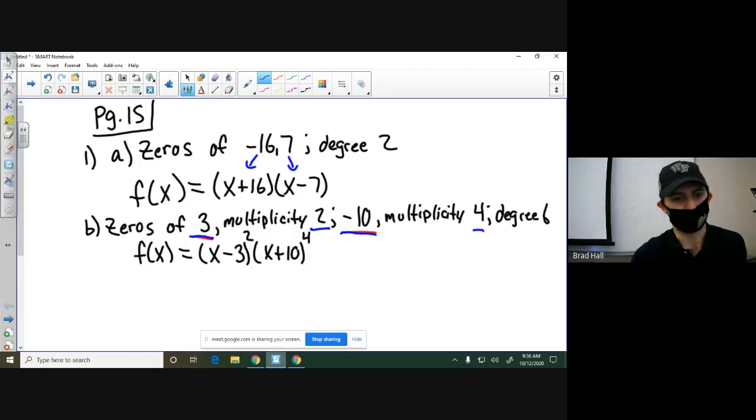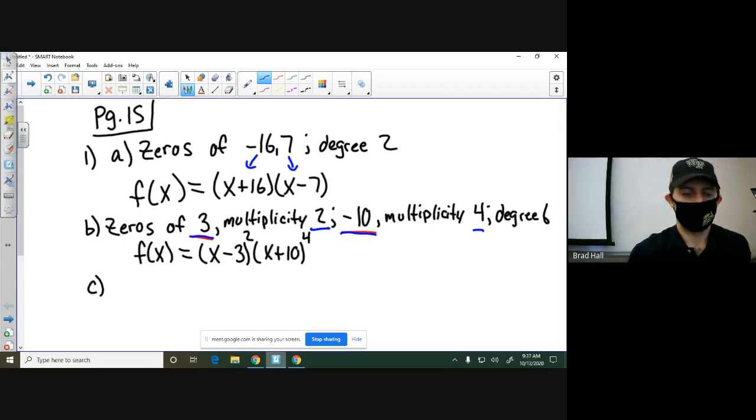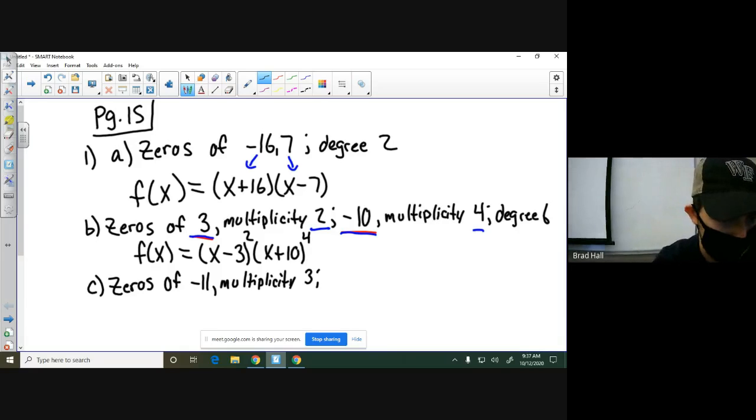So nothing too crazy. You all might have breezed through this. So that's perfectly fine. Part C. Zeros of -11 with a multiplicity of 3, and additionally 0 with a multiplicity of 2.